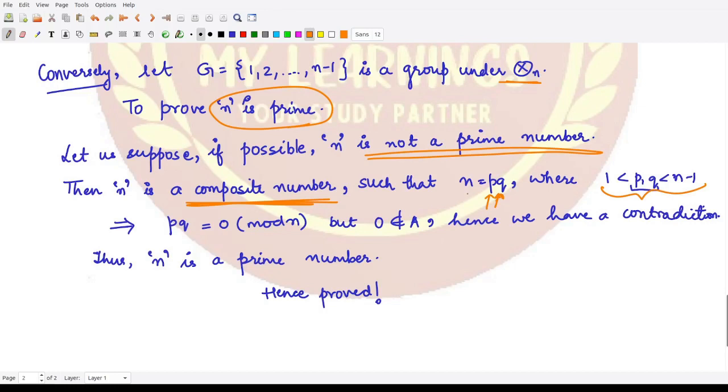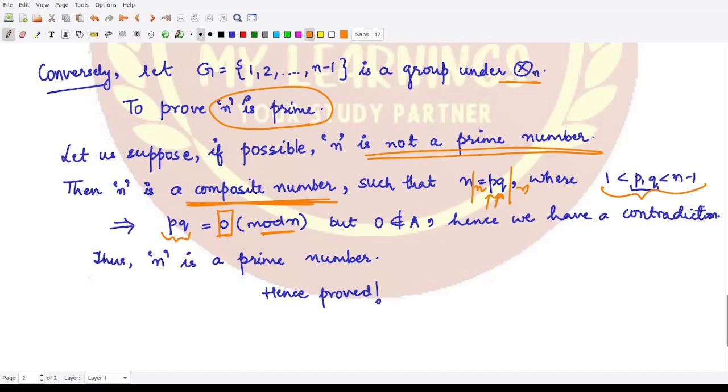So if that is so, because n is equal to pq, pq would be written as 0 mod n, because when you divide it by n, you are basically dividing n by n. So when you divide n by n, you would have 0 as the remainder, because it would be completely divisible by n. Hence pq is equal to 0.